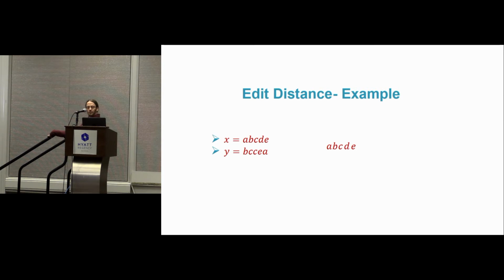We first delete the first character of x. Then we do a substitution, converting d into c. And finally, we append a to the end of the string, and we get the string y. So you can see that the edit distance between these two strings, x and y, is 3.